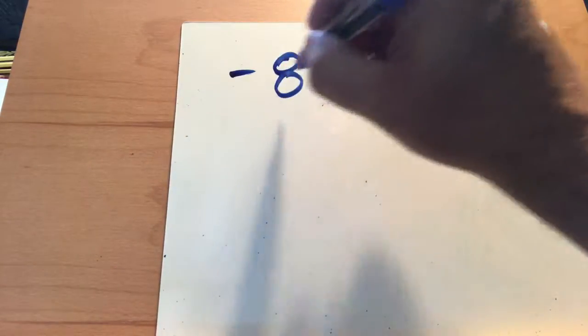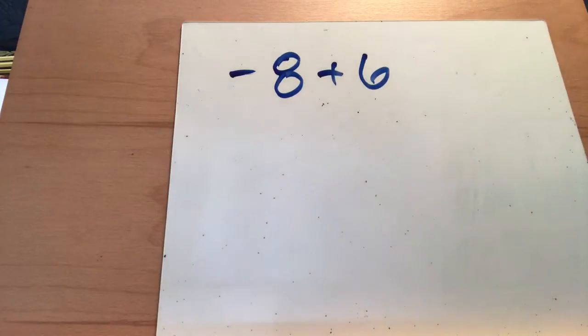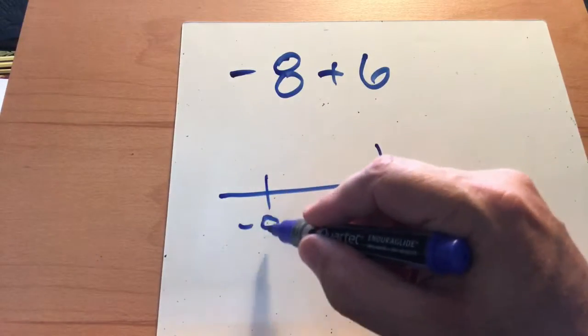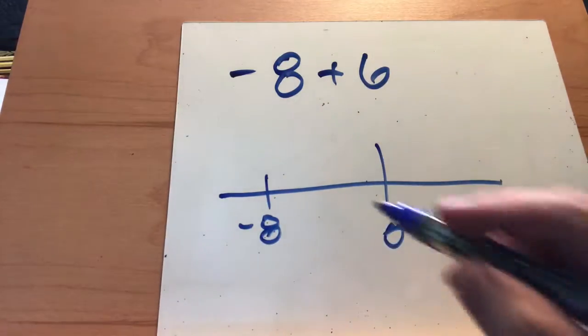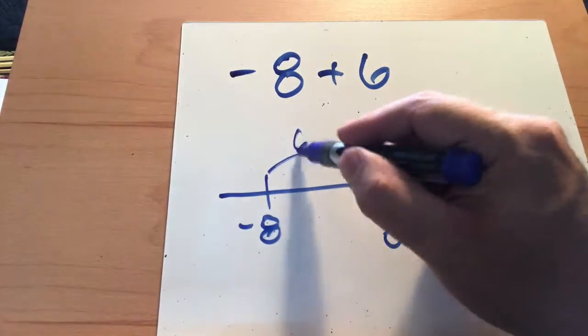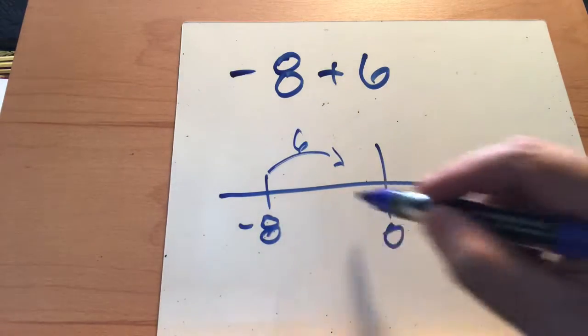Better do one more problem here. What is negative 8 plus 6? There's negative 8. That distance is 8.